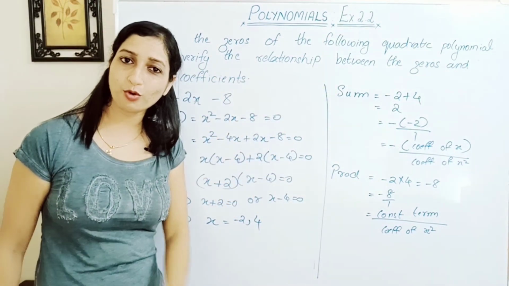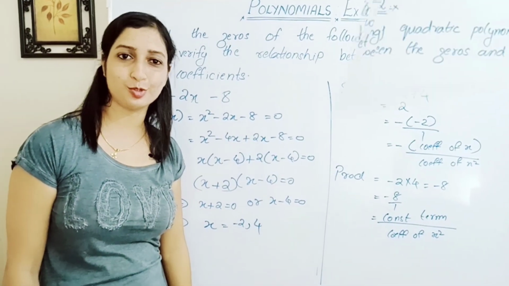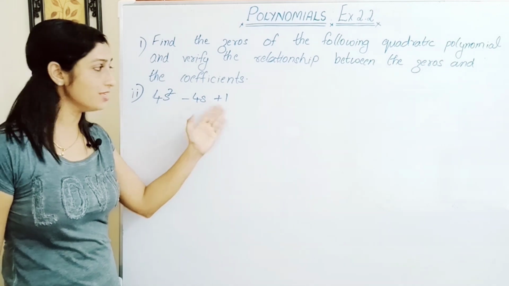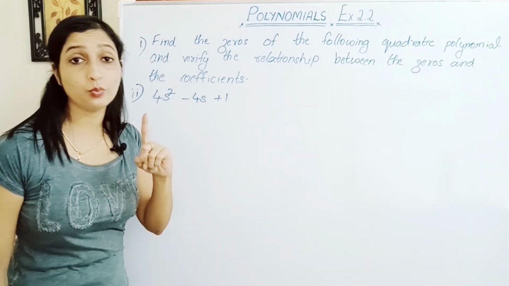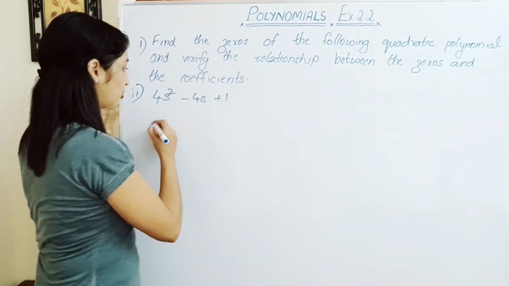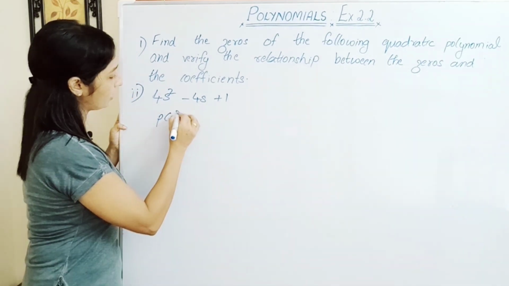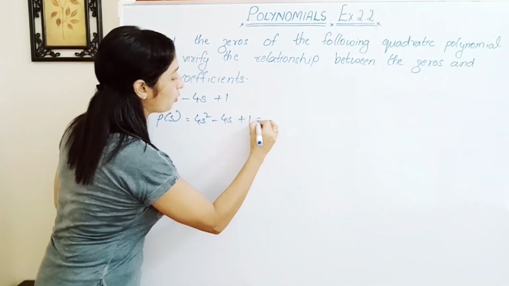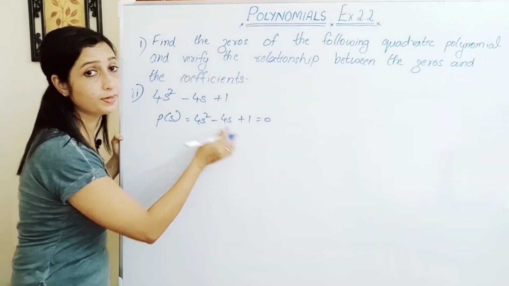So now let's move on to our next question, part 2. So this is our part 2, which is 4s square minus 4s plus 1. So what do we do first? We equate the given polynomial to 0 to find out the zeros. So here p of s is equal to 4s square minus 4s plus 1 equal to 0. Now we are going to split the middle term.